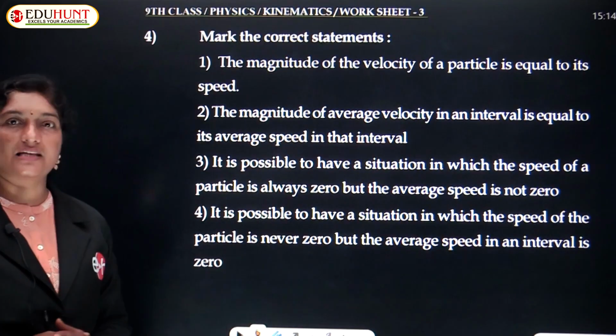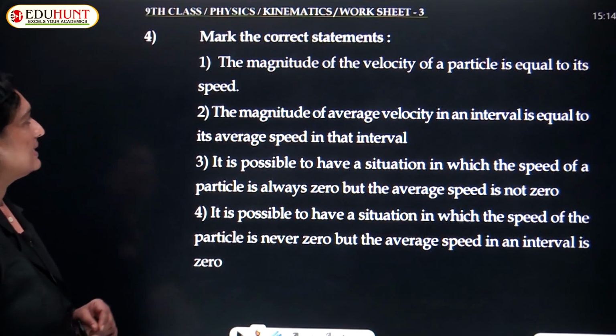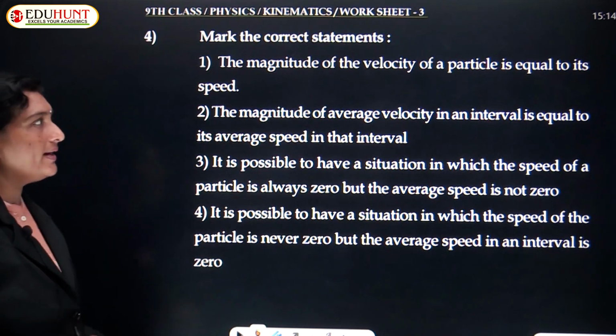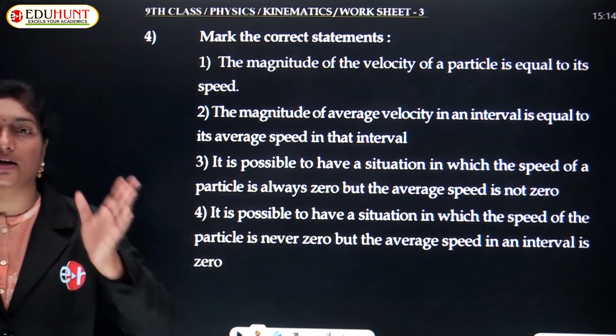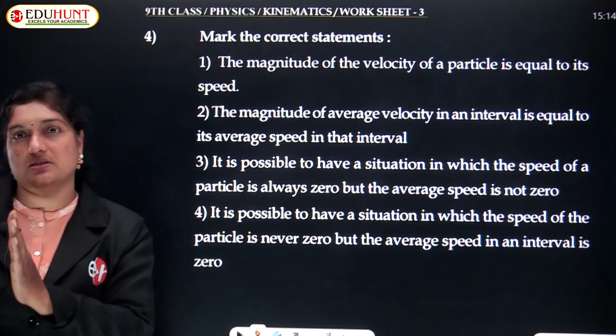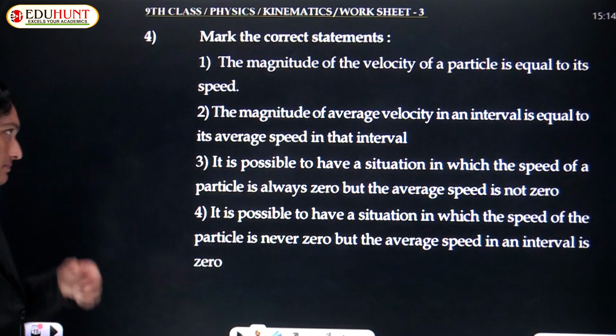Mark the correct statements. The magnitude of the velocity of a particle is equal to its speed. Where direction is not considered, only the magnitude of velocity is considered. Of course, magnitude of velocity is nothing but speed.